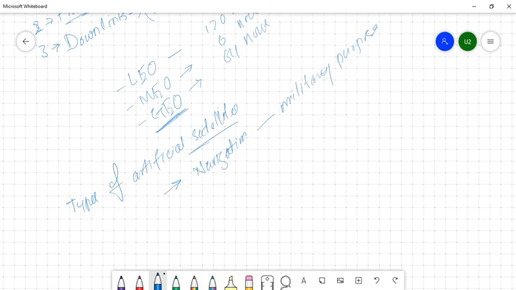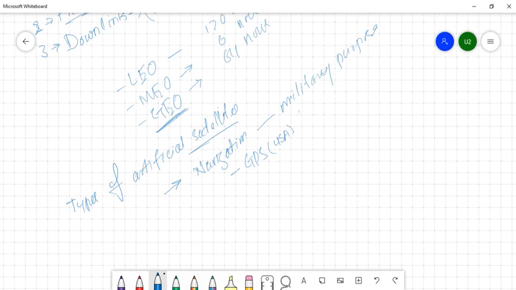For instance, there are many examples, like we have GPS, developed by USA.